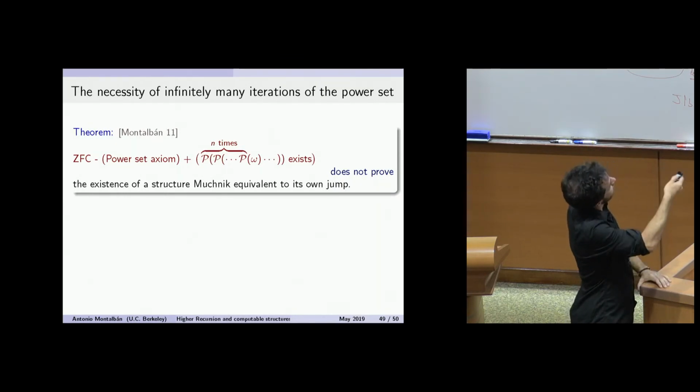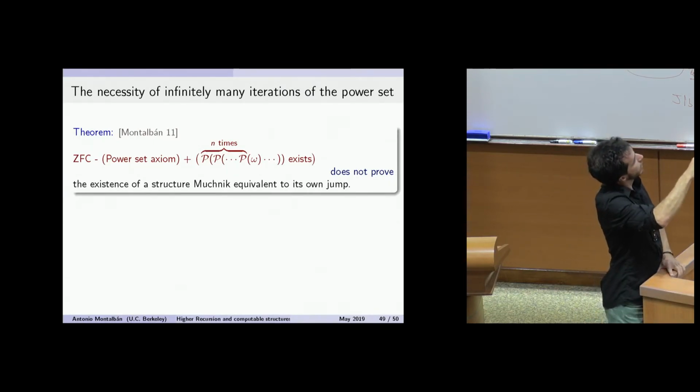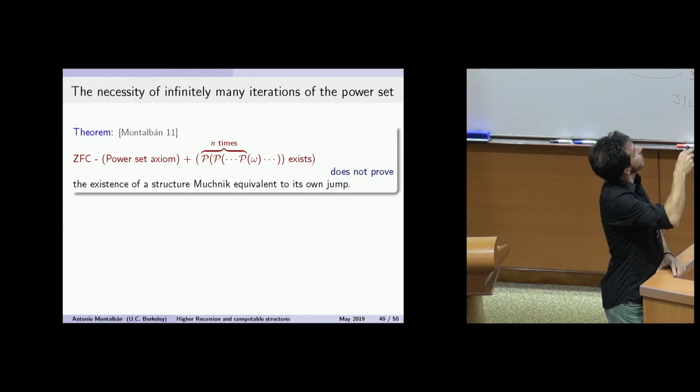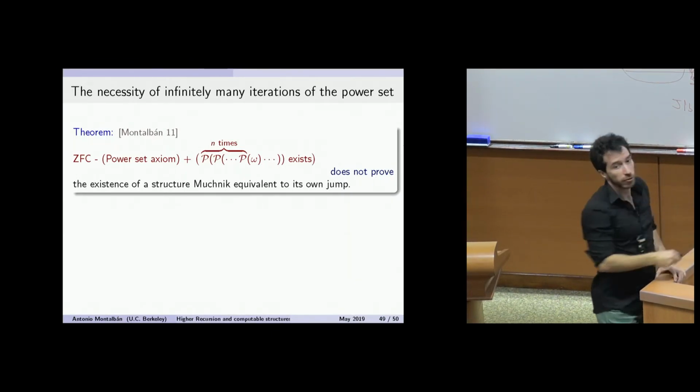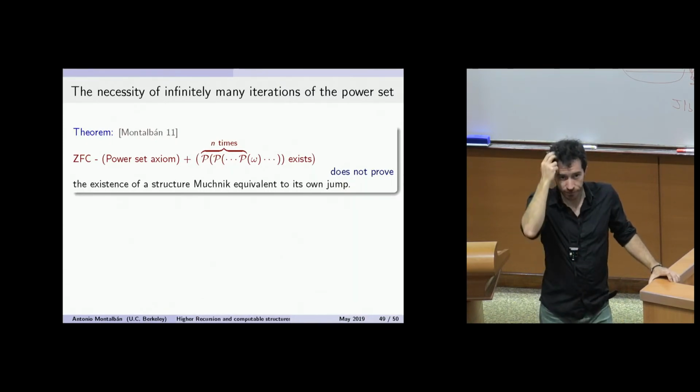If you take ZFC without the power set axiom, but with an axiom that says you can iterate the power set n times, then that's not enough to show that there exists a structure Muchnik equivalent to its own jump, for any n you fix.